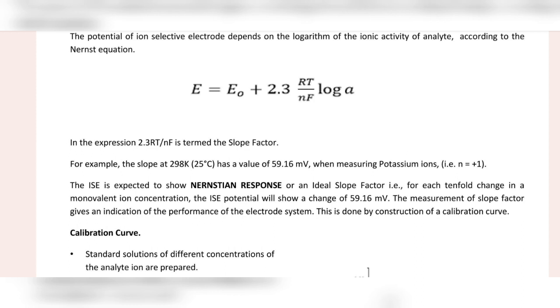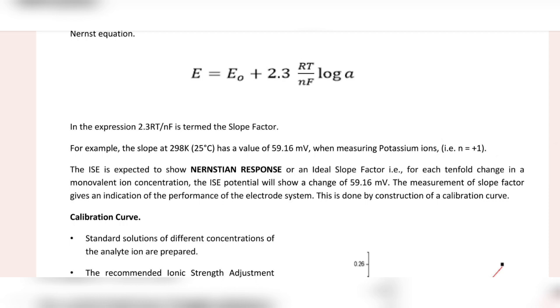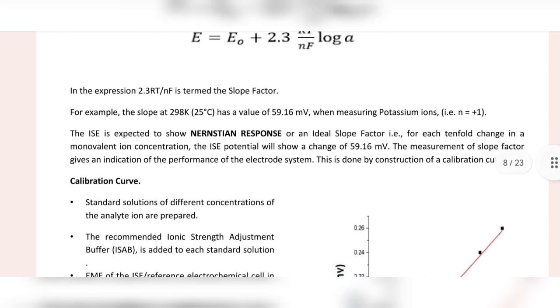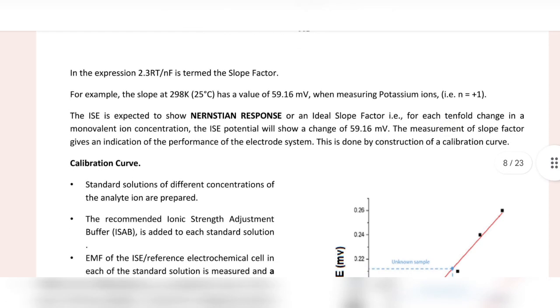The measurement of the slope factor gives an indication of the performance of the electrode system. So for every electrode system, the measurement of this slope factor is very important. This slope factor measurement is done by construction of a calibration curve. The construction is similar to a photocolorimetric calibration curve construction.